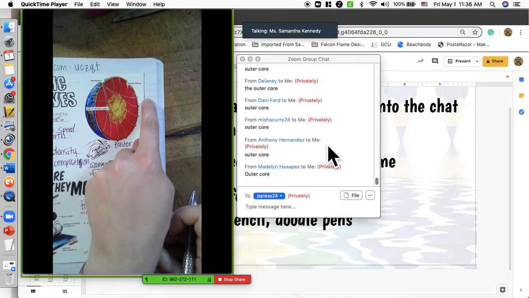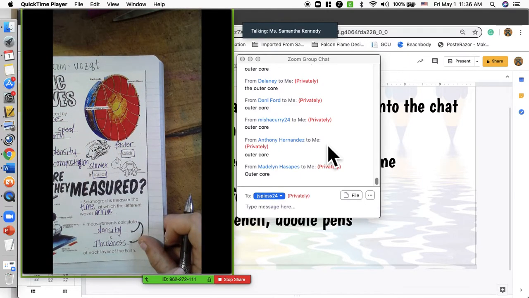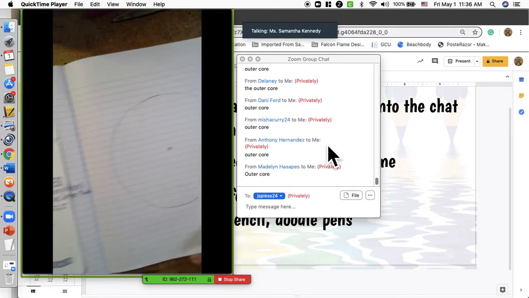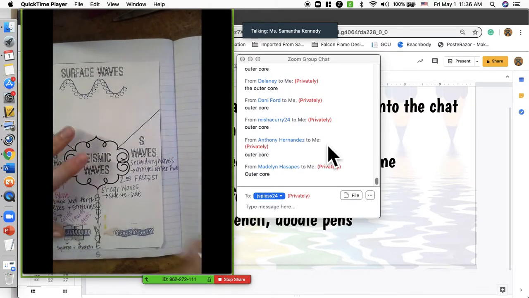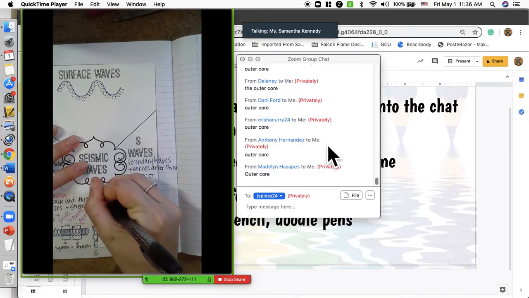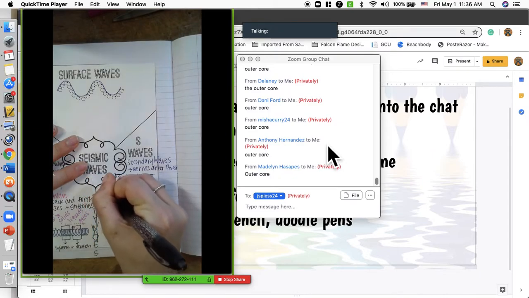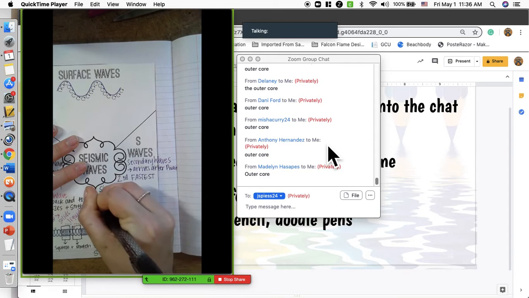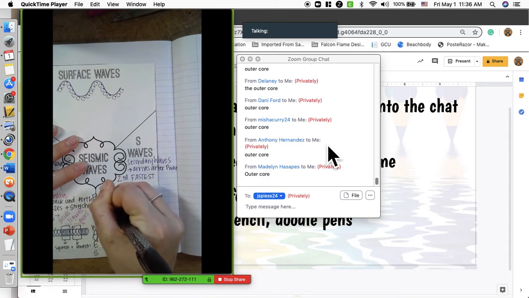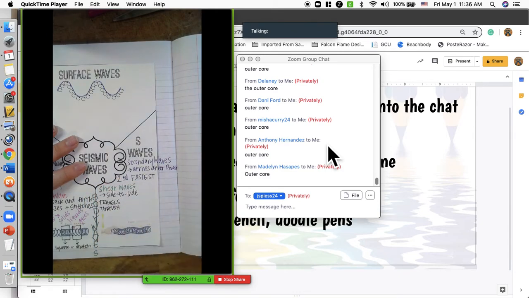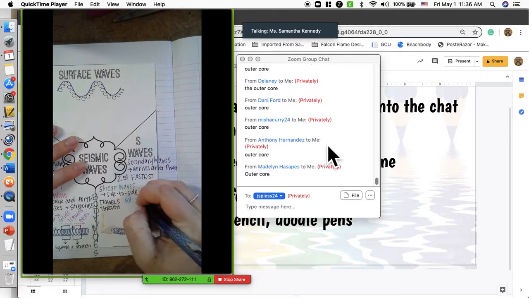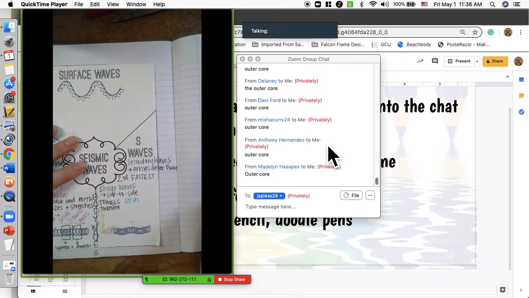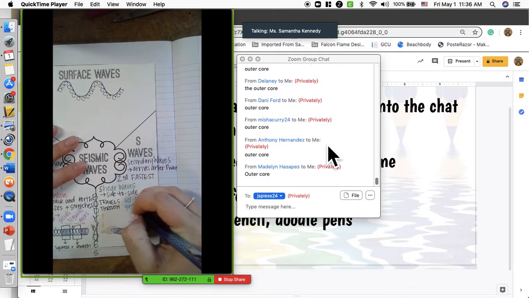They travel differently. Okay? So when we go back to our S waves, we're going to say that it travels through really it would just be solids, not gases.